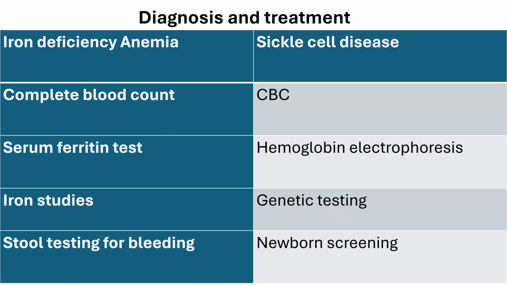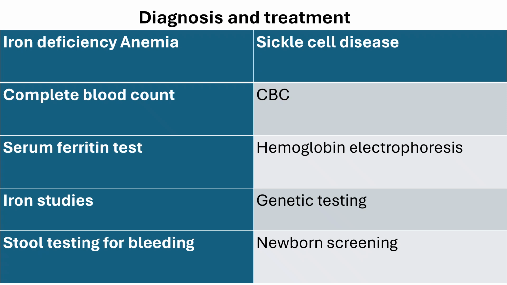Let's talk about diagnosis and the treatment. Iron deficiency anemia and sickle cell, you can diagnose these differently or sometimes similarly. Iron deficiency anemia requires a complete blood count, similar to sickle cell, which also requires a complete blood count.